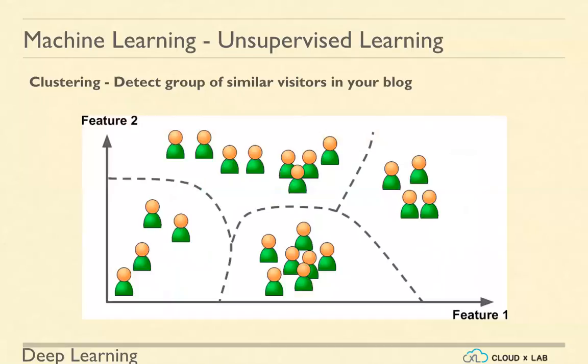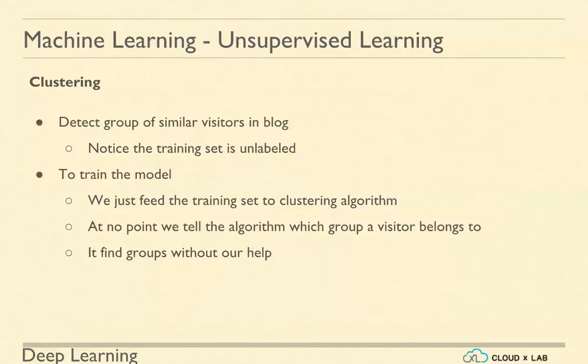Let's say, given this group of users, we want to separate them into groups based on a certain measure of distance. That measure of distance is something we need to define. We need to tell what is the basis for similarity between the users, and the system would automatically cluster them. There could be many examples of clustering, like detecting groups of similar visitors to a blog, and notice the training set is unlabeled.